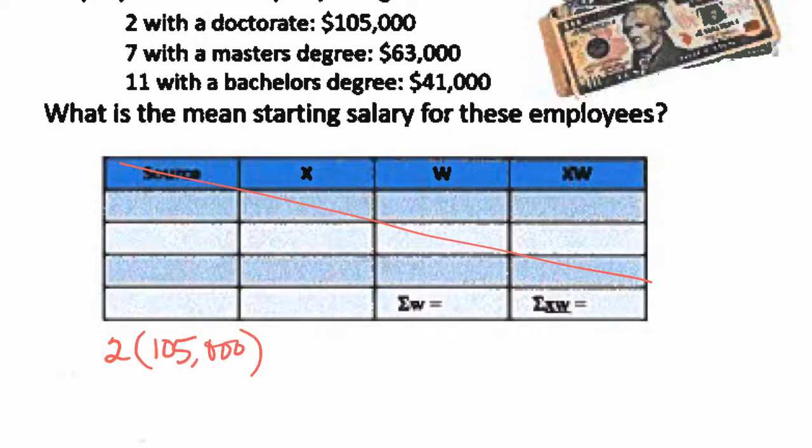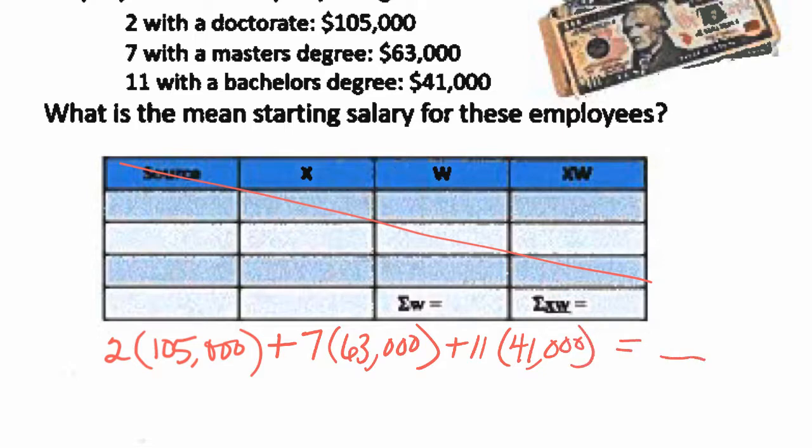Good. 2 of the $105,000 salaries plus 7 of the $63,000 salaries plus 11 of the $41,000 salaries. And so that's going to give the total amount that the company is giving out in terms of salaries. But we want to know the average starting salary for these employees.